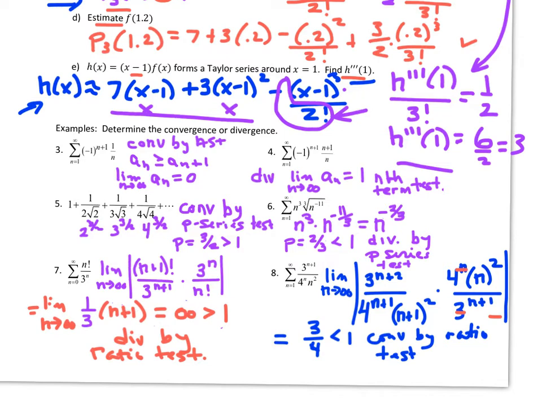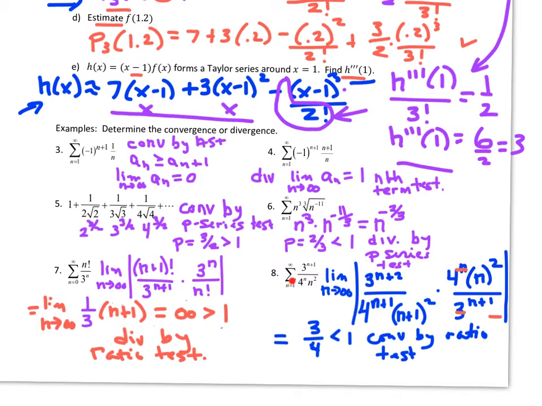Yes, I get n plus 1, so the limit as n goes to infinity of that is infinity, so that's greater than 1, so this is going to be divergent by the ratio test, which makes sense, because if you just had to brain this, the factorial grows faster than the exponential, so that bears that out. It's not a multiple choice test, so you would have to show all this in order to verify that.